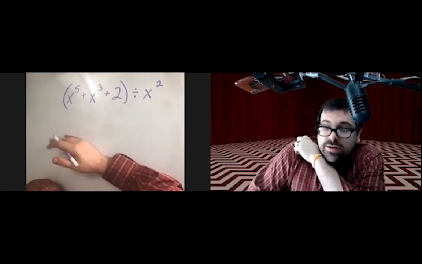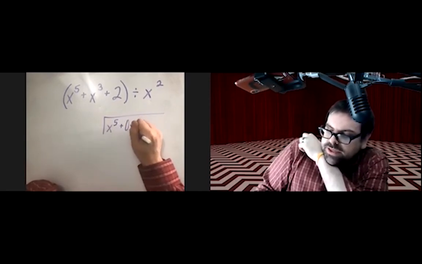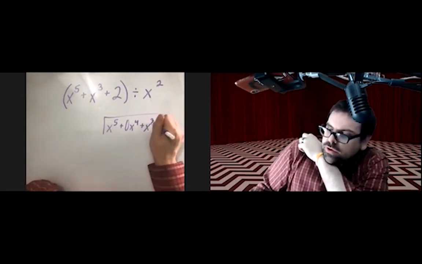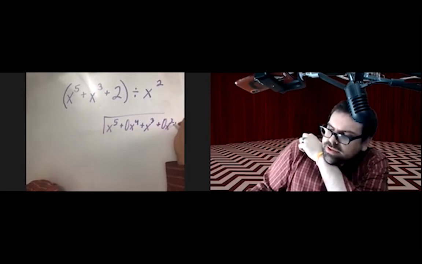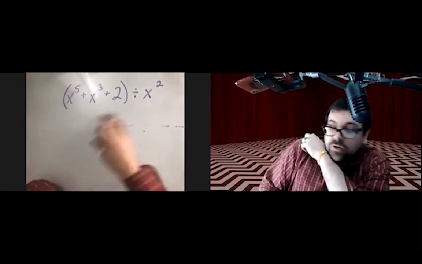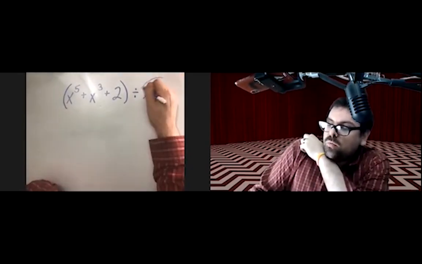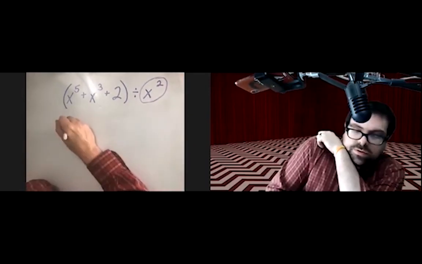We would not do x to the fifth plus 0x to the fourth plus x cubed plus 0x squared plus 0x plus 2 all divided by x squared, because we're dividing by one single monomial.